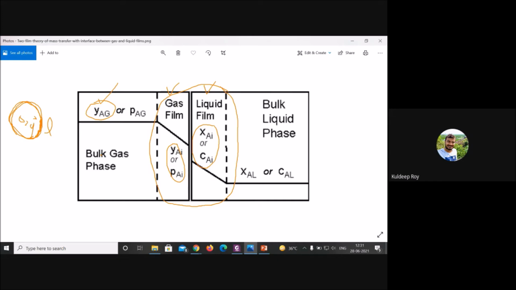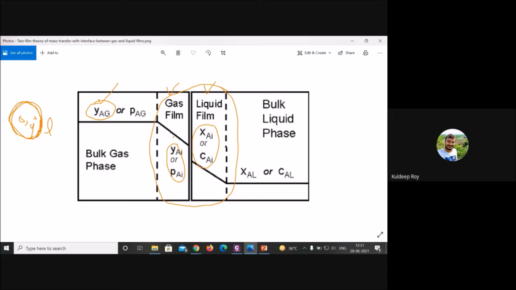The second point, that boundary layer, or you can say the film, the gas film or the liquid film, is formed adjacent to the phases, at this particular region for liquid, this particular region for gases.